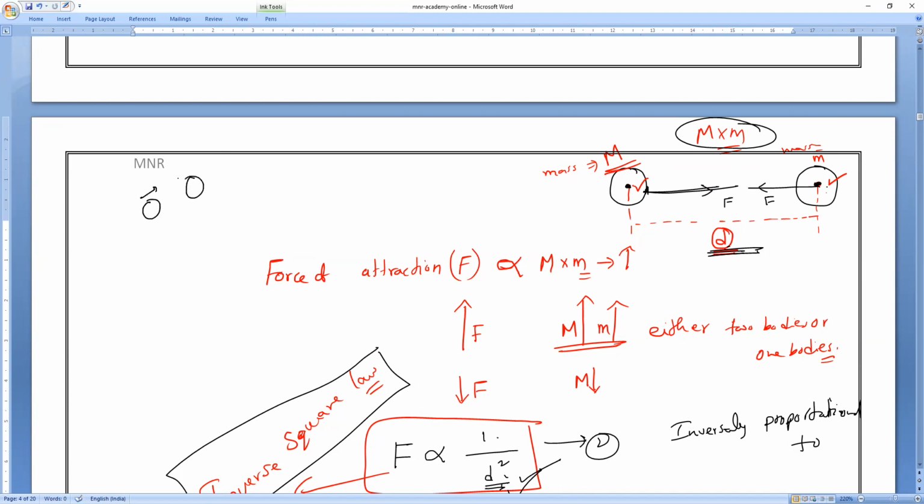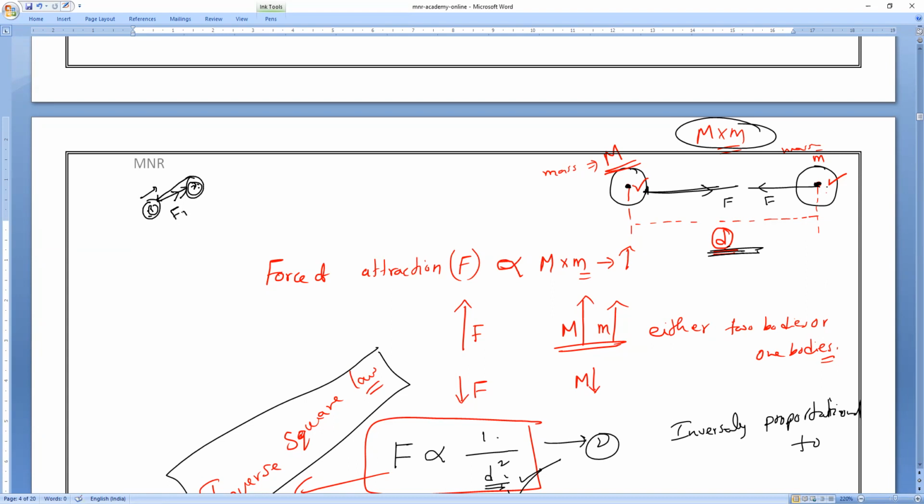If two bodies are moving, whatever the direction they are present, this body is exerting force on this body, and this body is exerting force on this body. That's what I am saying. The force exerted by the first body on the second body, and the force exerted by the second body on the first body. That's all. Understanding? The first body will exert force on the second body in this direction. That is what you can take.